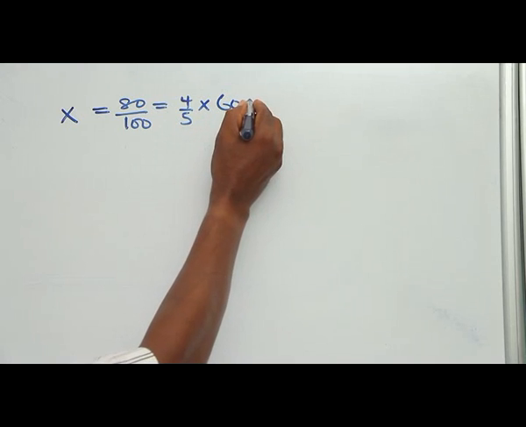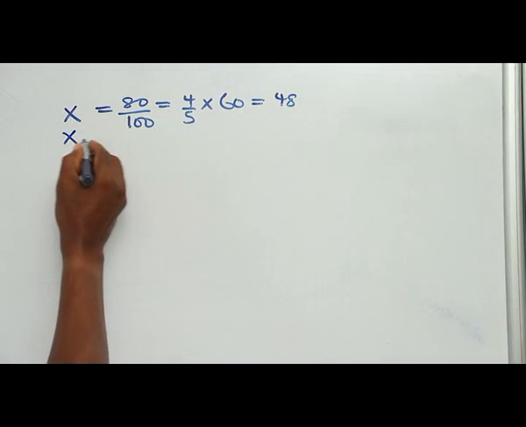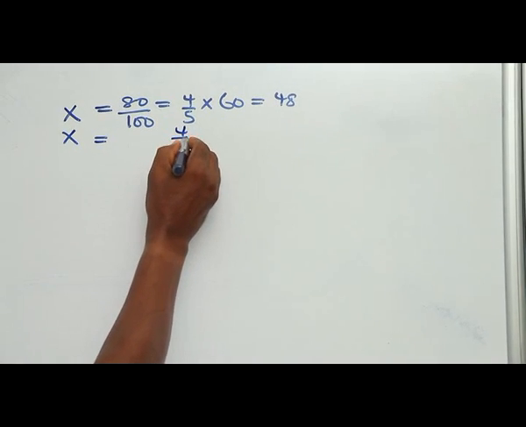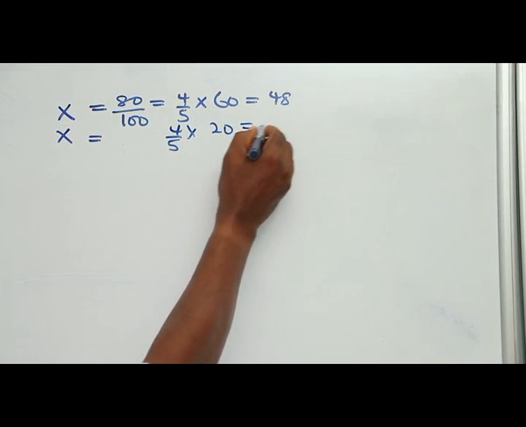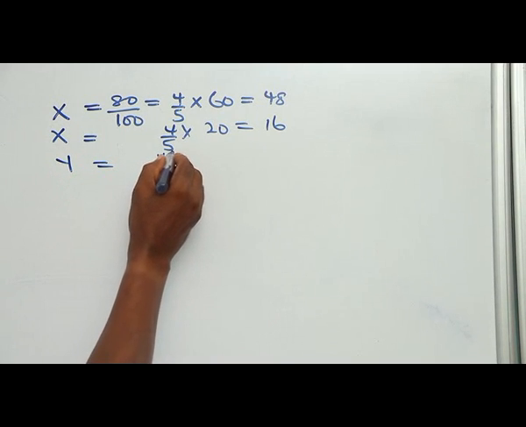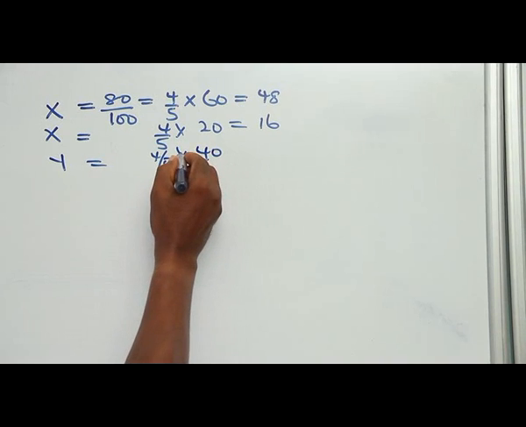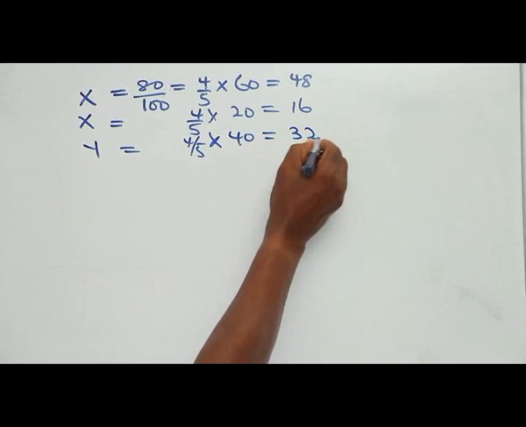The first entry is 60, this will give you 48. The second value for S will now be multiplied by 4 over 5 times 20, and that will give you 16. For Y, you have 4 over 5 of the first entry there, which is 40, and that is equal to 32.